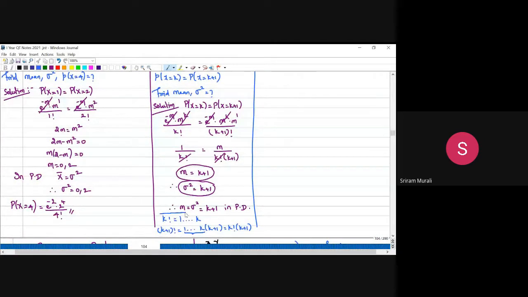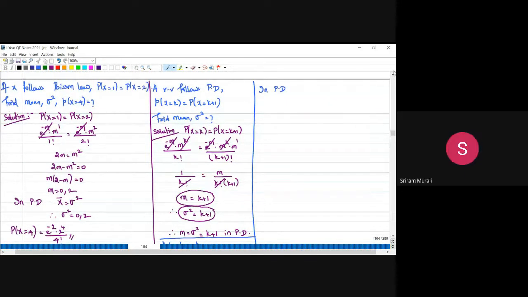So in Poisson distribution, x takes... 1 minus e power minus 2. Find the mean and variance.